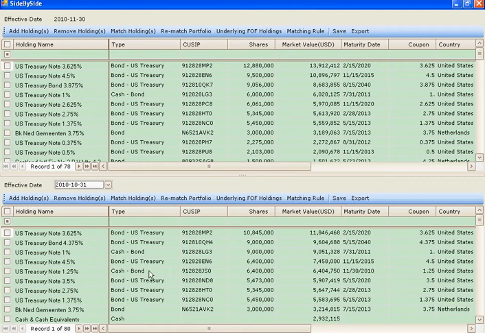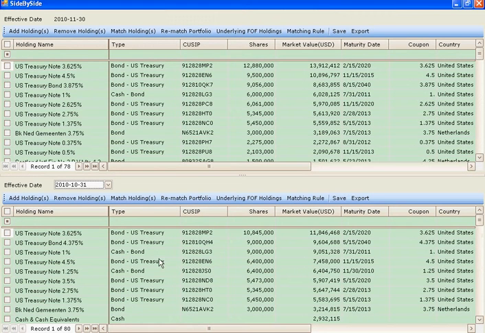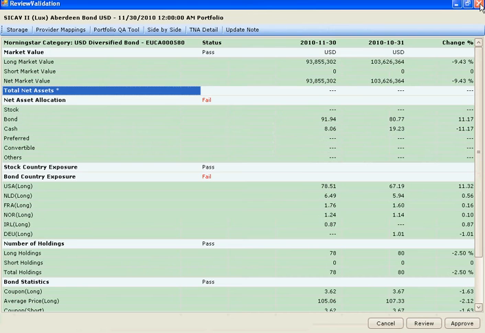This is the previous one. You see, most of the holdings are U.S. Treasury or bond holdings. So we can just judge that this one is correct.